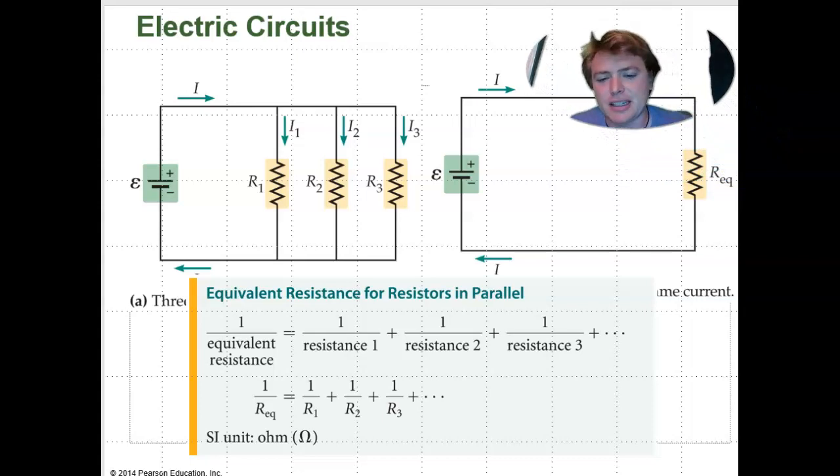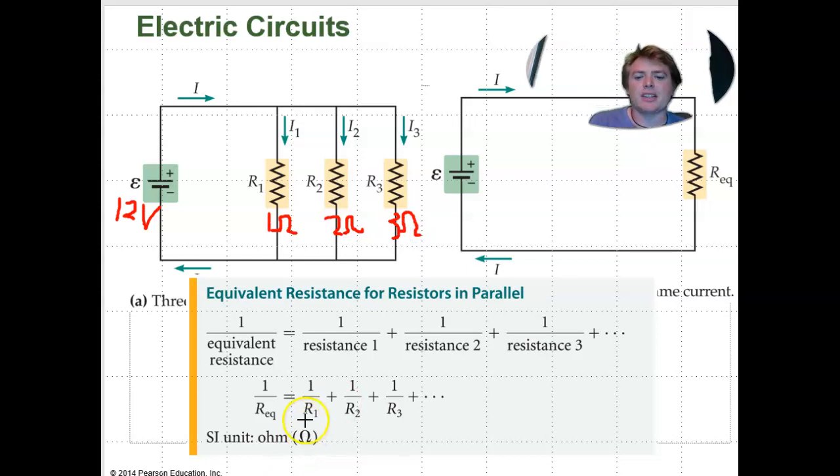And this gives us a slightly trickier example, but we're going to stick with the same numbers. So we are going to have a 12-volt battery, and we're going to have 1 ohm, 2 ohm, and 3 ohm resistors.